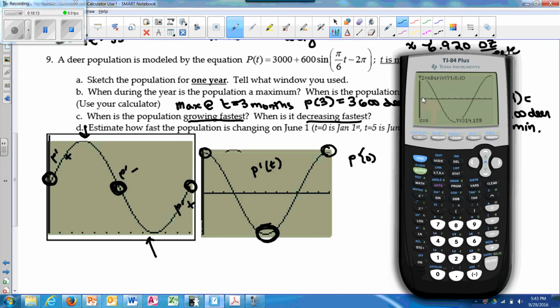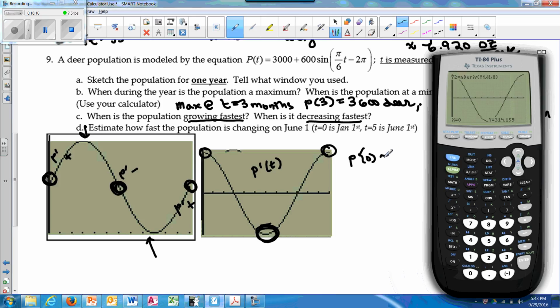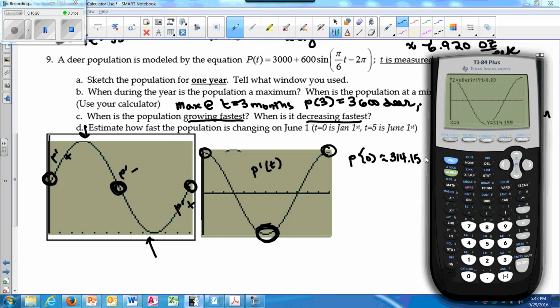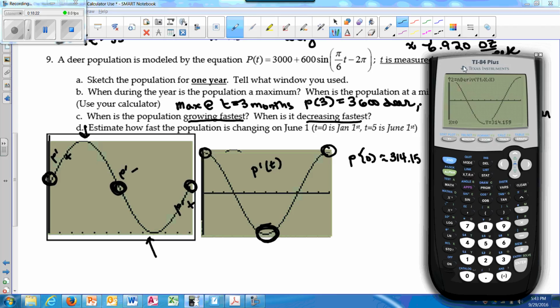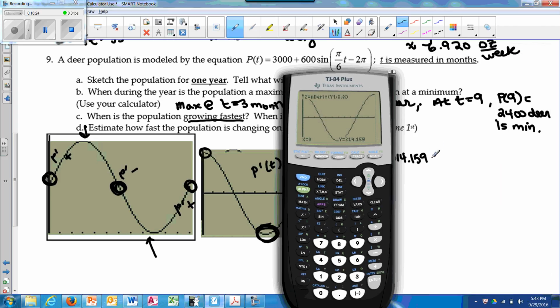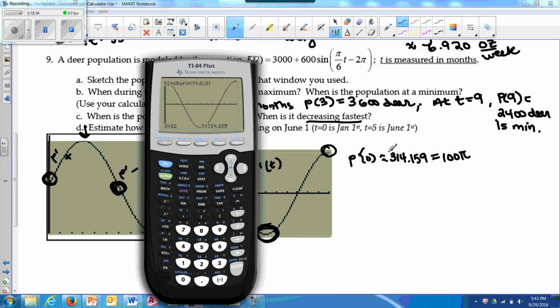So I can press trace 0 and figure out there that P prime of 0 is approximately 314.159, which, by the way, is 100 pi.